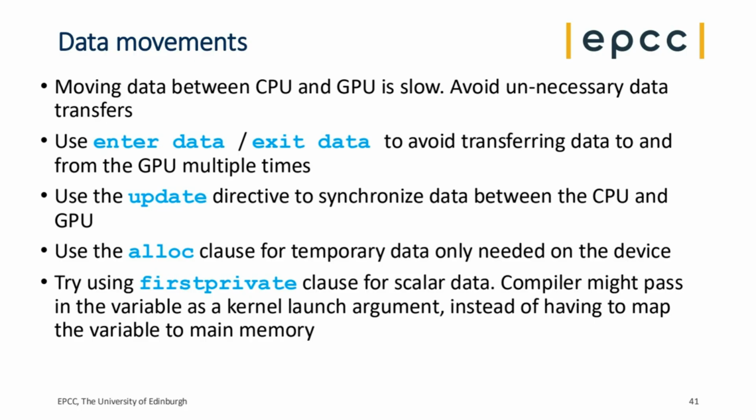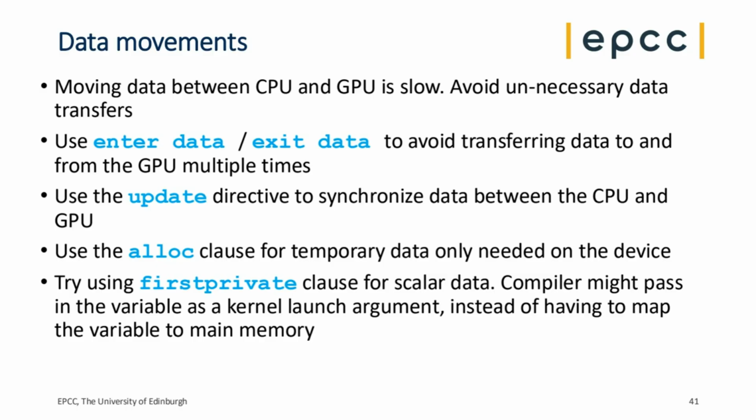You can also try using the firstprivate clause for scalar data, so the compiler would pass that in as an argument to a kernel rather than trying to map it separately.